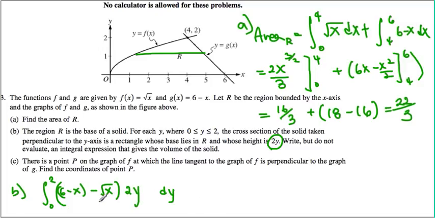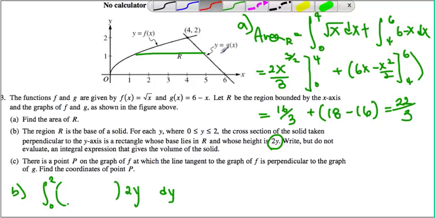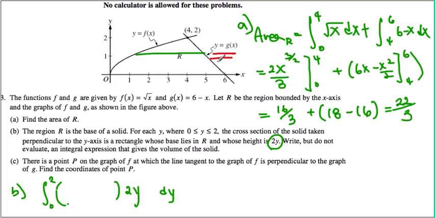But actually this expression has to be converted into x in terms of y. We have to modify the inside values right over here. Sorry about that. Then, what do we realize about the x here?